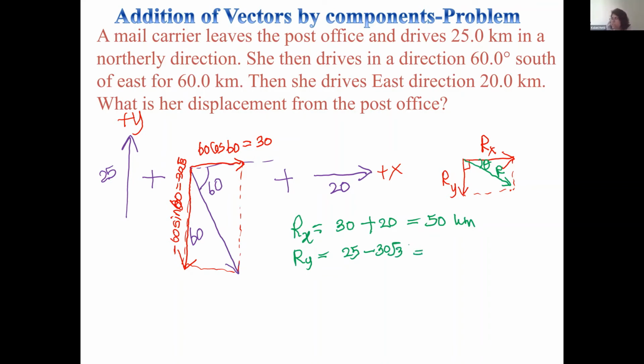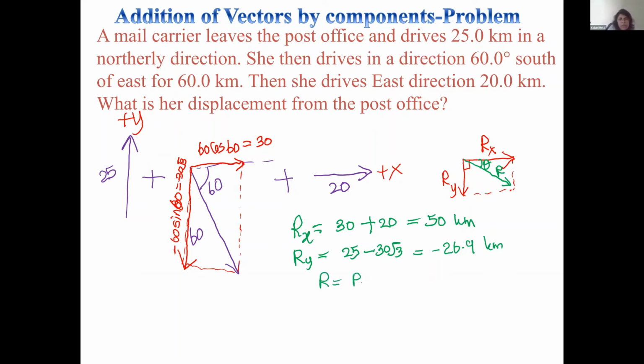You're going to do the calculation and find it out. Okay, so this will give me a negative 26.9 kilometers, around.